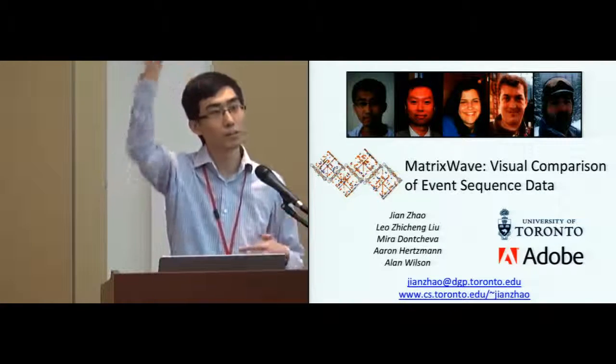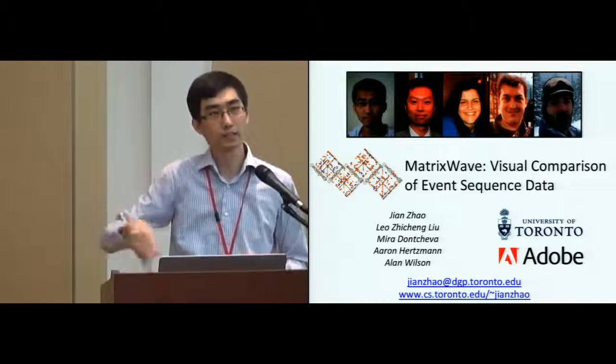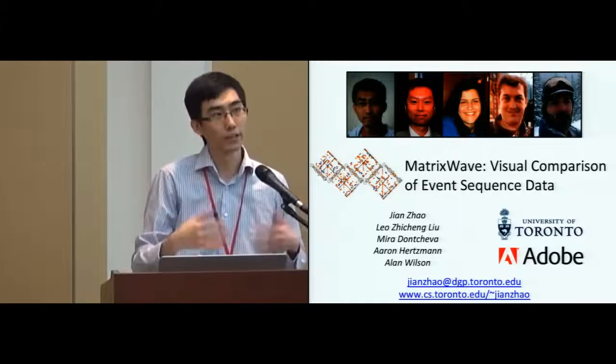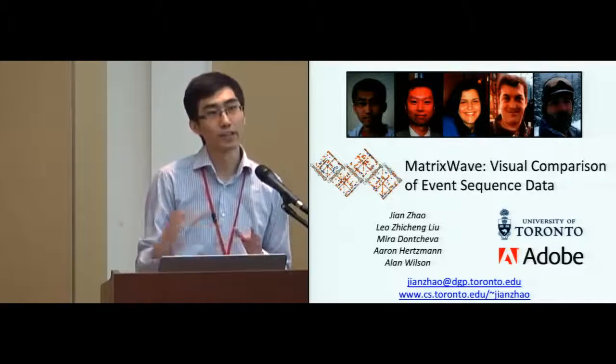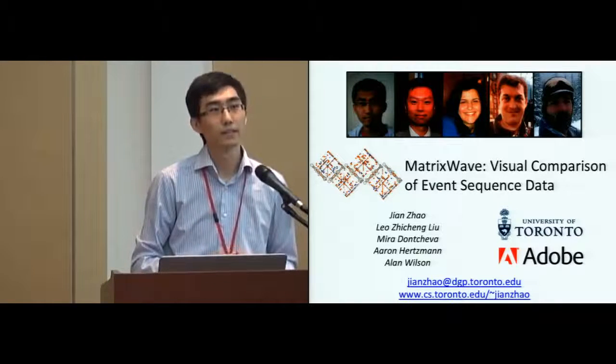So if you trace a path from the root node to the leaf, in MatrixWave it takes half of the distance. So our visualization is more compact, and also we are tackling different domains and problems. That's a good question.